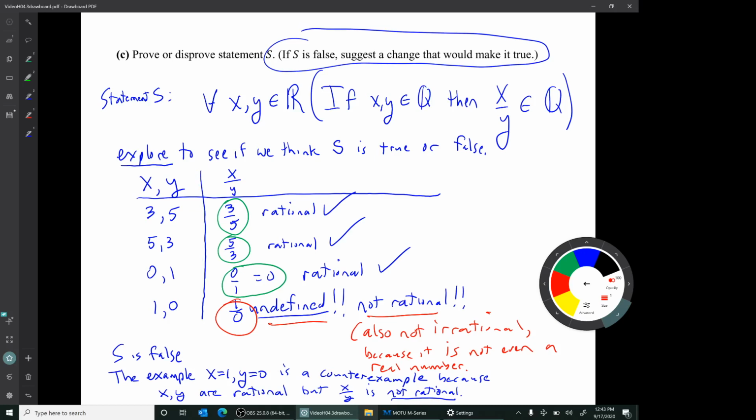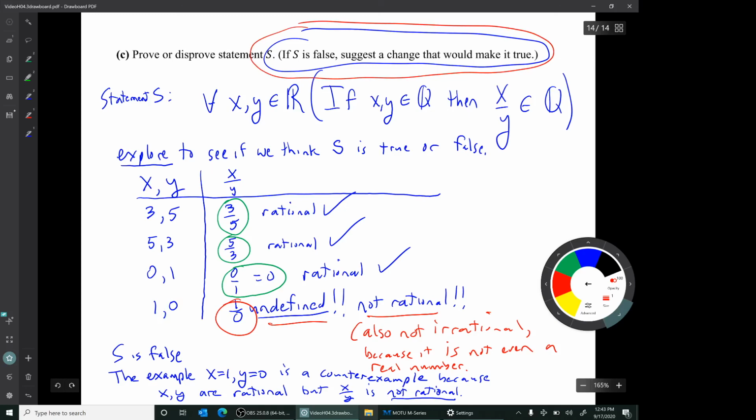Well, we would have observed the same sort of thing. The only case that would have caused a problem would be the case where y was 0, because we would have ended up with a 0 in the denominator. So if we want to think about how to suggest a change that would make S true, well, let's do that on the next page.